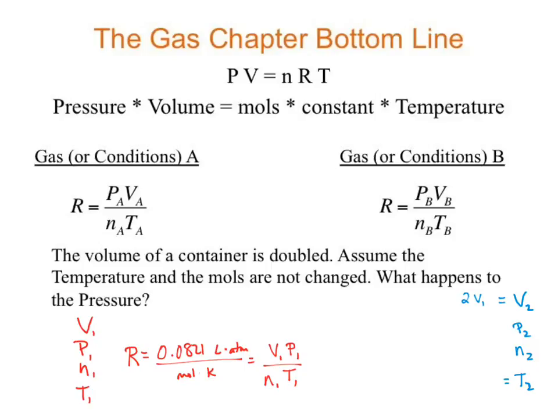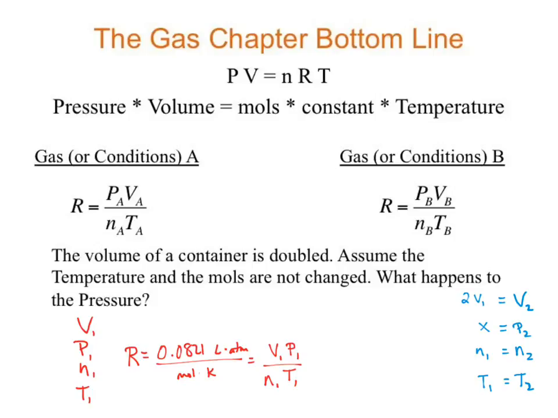Temperature and the moles didn't change. So T2 is not really T2, it's T1. N2 is not really N2, but N1. What is P2? Okay, we don't know it yet. Well, that's what they're asking you to solve for. What happens to the pressure? So we could put that in as an X. Where does this help us out?